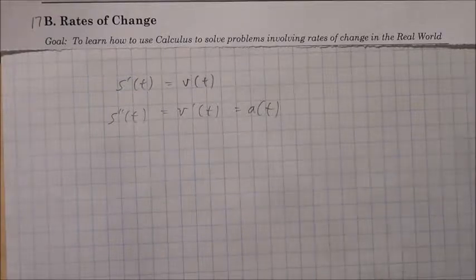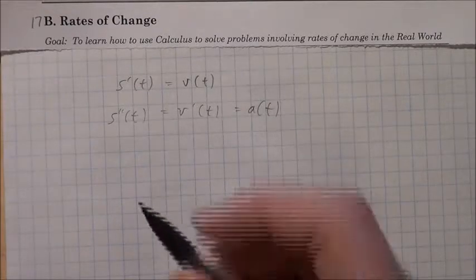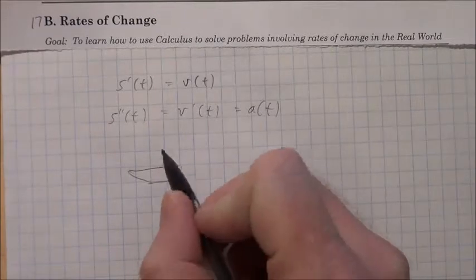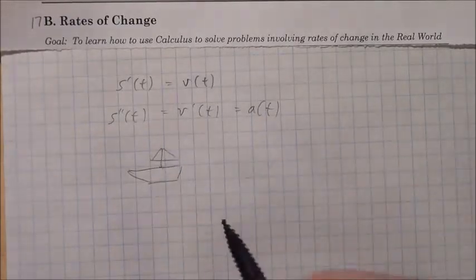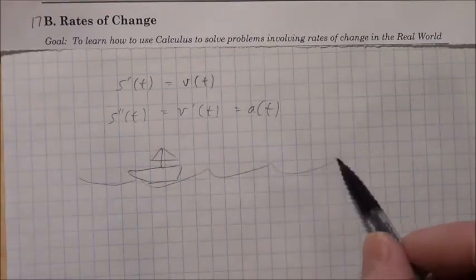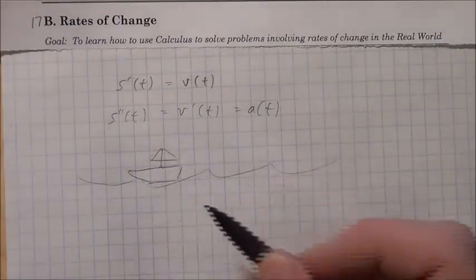So suppose, for example, we've got a boat moored in a harbor, and there are waves, and it's going up and down.